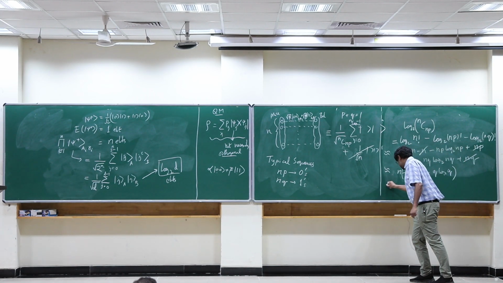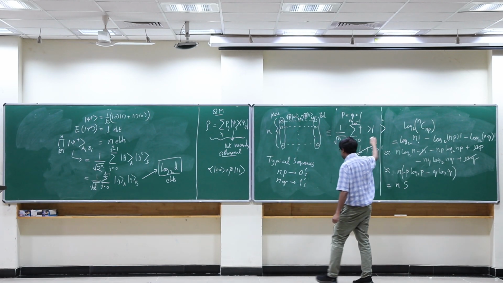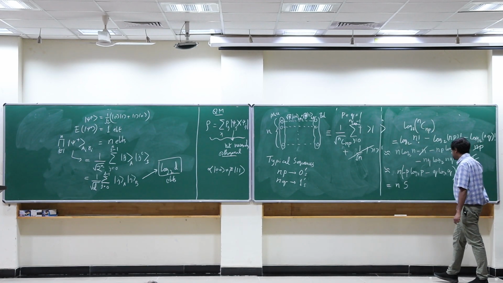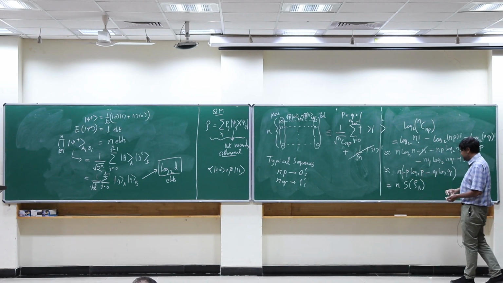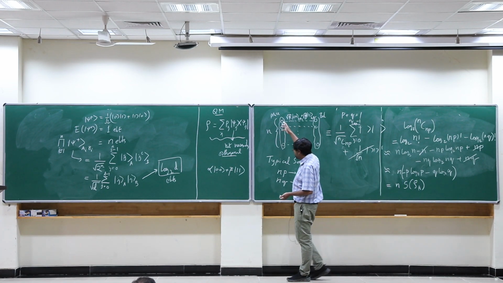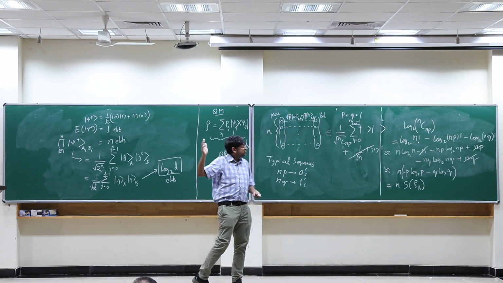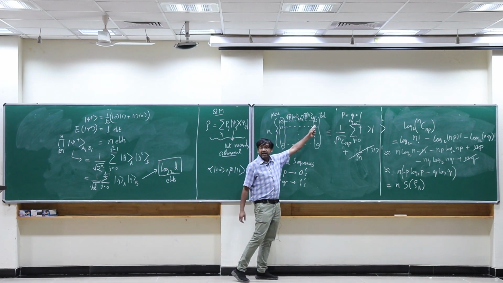This is nothing but n times the von Neumann entropy of the reduced density matrix. I have erased that now, but it is the reduced density matrix after partial tracing of the first one. So essentially the density matrix of A is the same, in this case, as the density matrix of B. So that amount of entanglement is there. These n copies have entanglement which is n times S. So this S, the von Neumann entropy, is equivalent to the amount of entanglement this thing has.